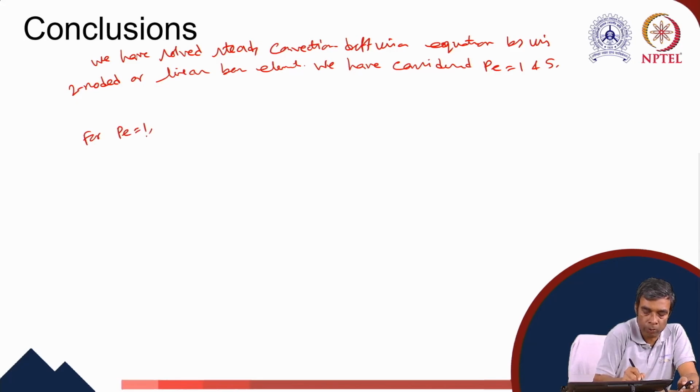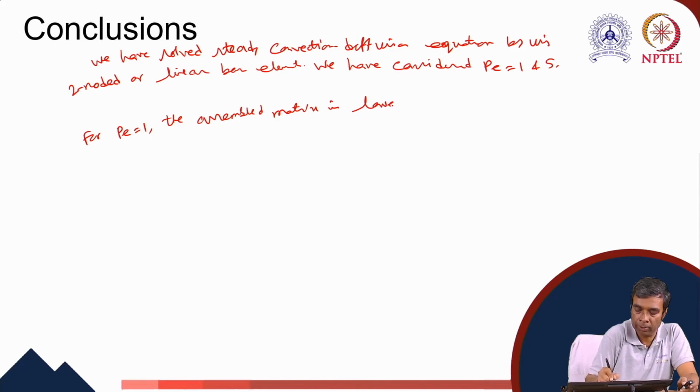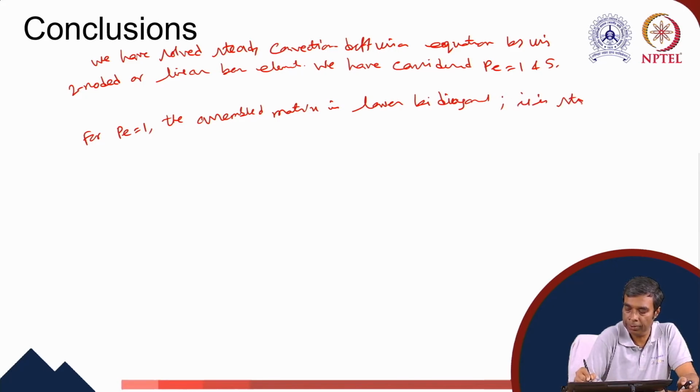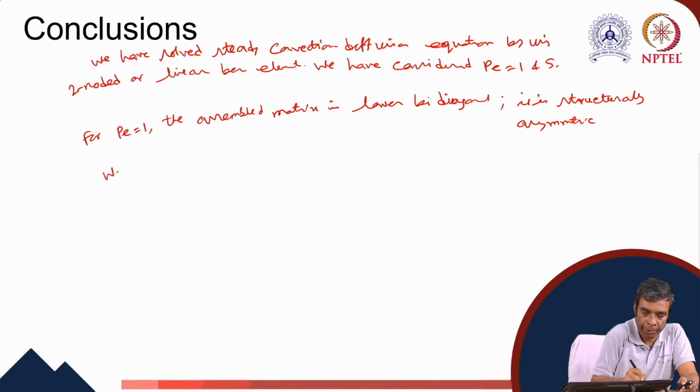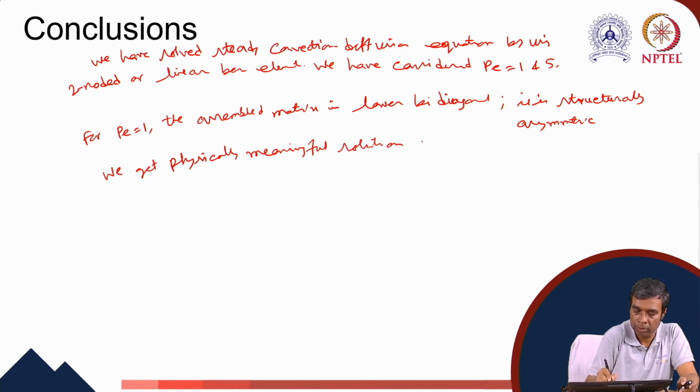For PE equals to 1, the assembled matrix is lower bidiagonal. It is structurally asymmetric. We get physically meaningful solution at PE equals to 1.